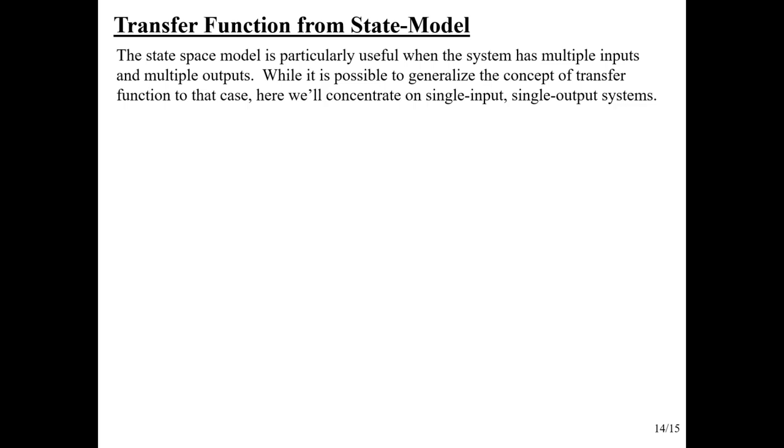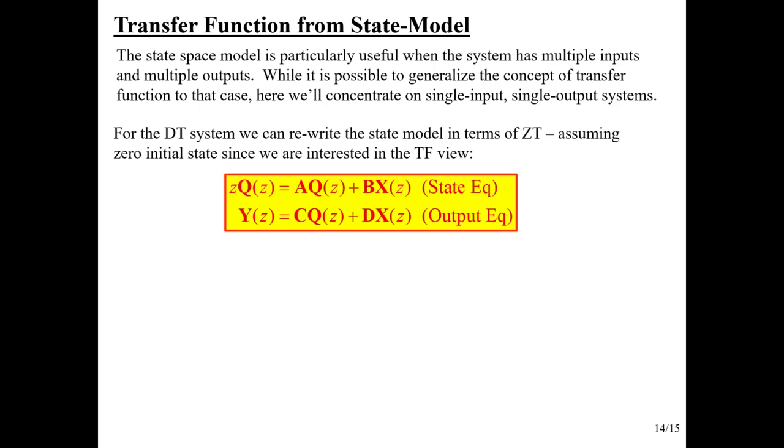State space is just another model, and it's useful to have as many different models and be able to use them all at the same time in your brain to see what's going on with the system. So we can generalize the concept of transfer function from single input, single output to multiple input, multiple output. But I'm just going to focus on single in, single out. But the ideas carry over.